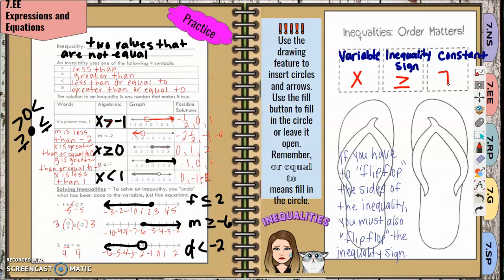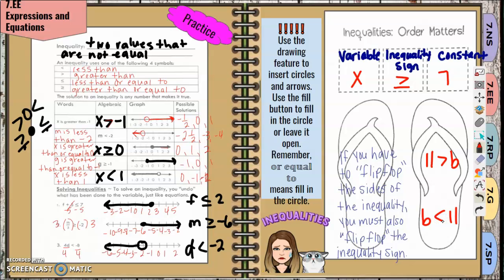If you have to flip-flop the sides of the inequality, you must also flip-flop the inequality sign. So if I have 11 is greater than B, if I flip-flop my sides so that B is on the left side and my constant is on the right side, then I also have to flip-flop the inequality sign.